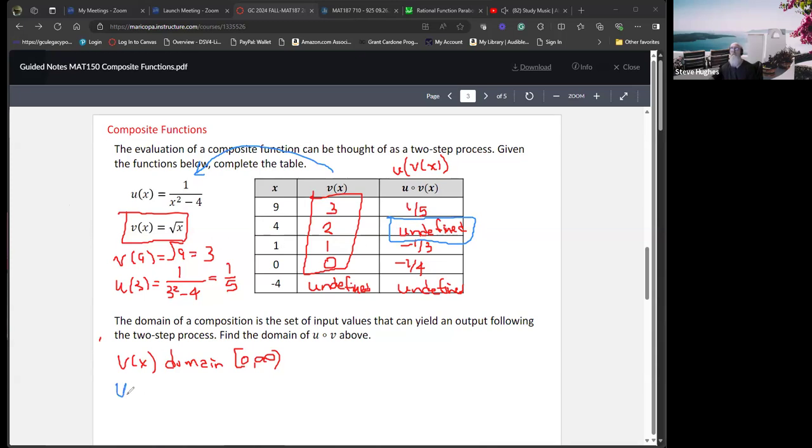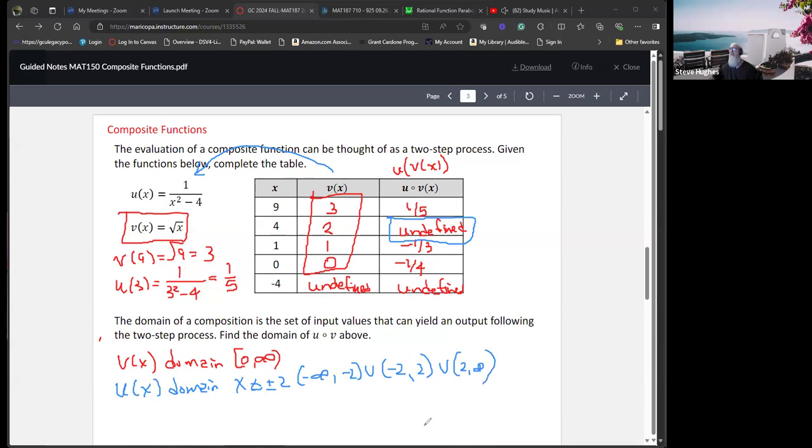There's no way. I can't put a 2 in there because it makes the denominator 0, which makes it undefined. So the domain of u of x here, everybody, is x cannot equal plus or minus 2, right? Which means I go from negative infinity to negative 2, union with negative 2 to positive 2, union with 2 to infinity.